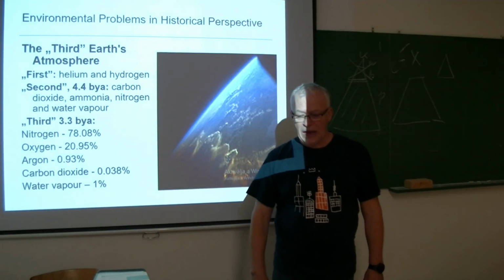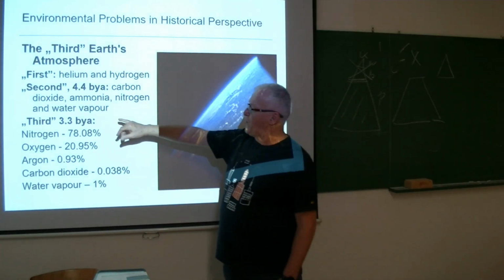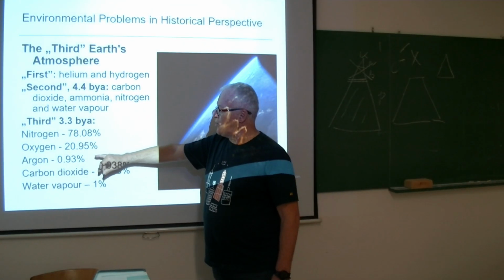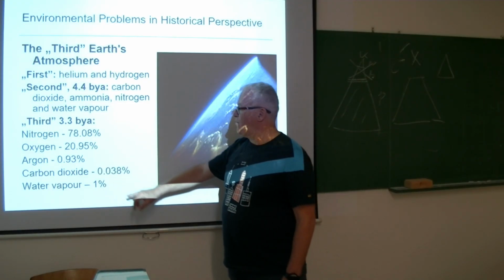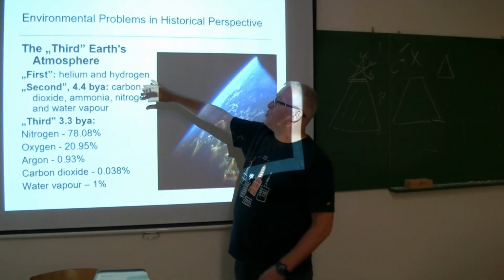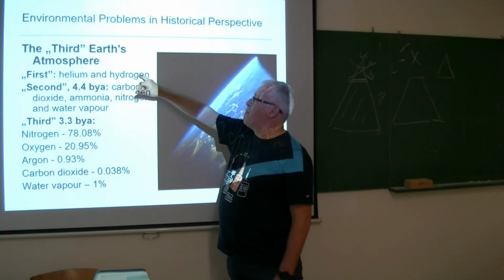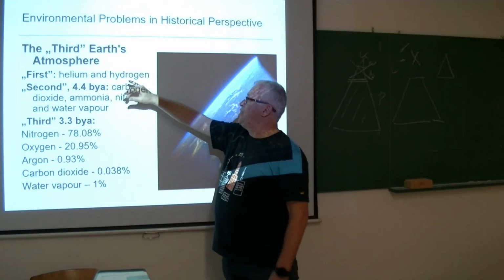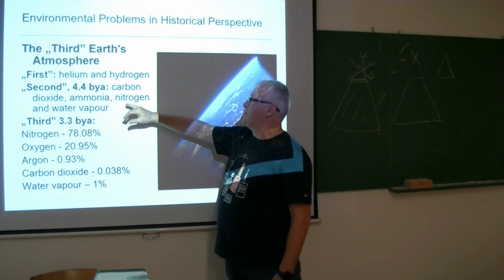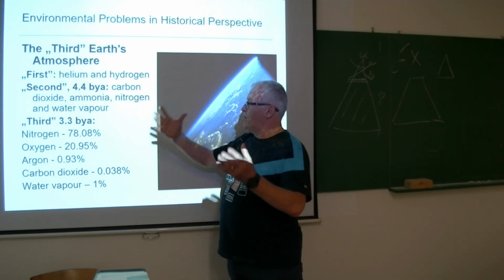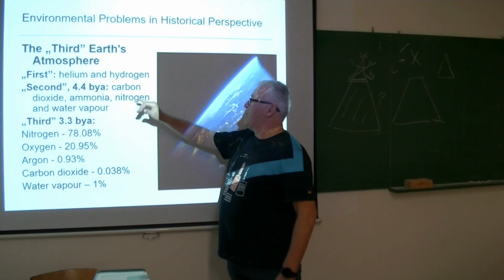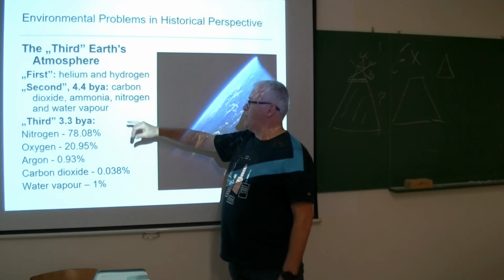We are living in the third atmosphere: nitrogen, oxygen, argon, carbon dioxide and water vapor. The first was made from the same elements as the Sun, helium and hydrogen. A little bit later, in the warm age of the Earth, carbon dioxide, ammonia, nitrogen, water vapor.